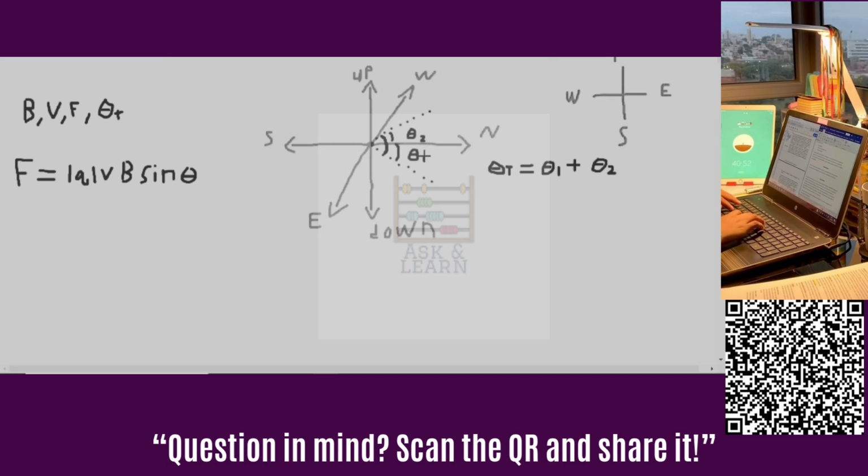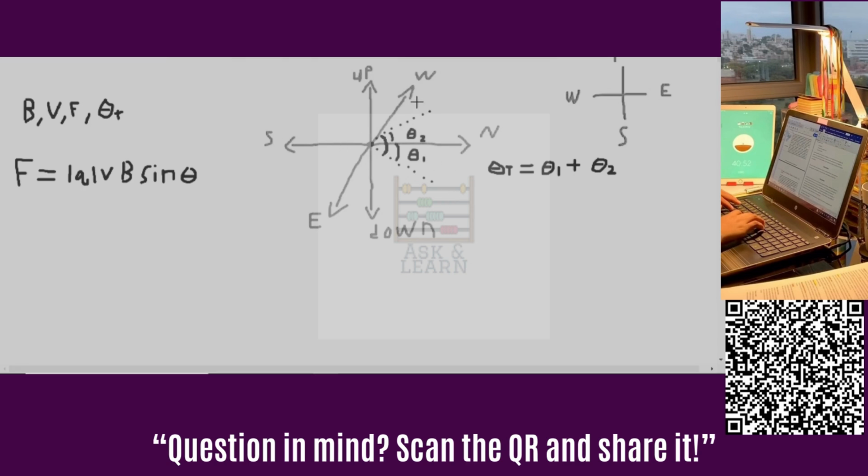Now we can use our right-hand rule to find the direction that we would get. So our velocity is directed upward. It has an upward component, upward and to the north, but it would be up in this case for your right-hand rule. And our magnetic field is down. So you want to point your fingers north, and your thumb should be pointing up.